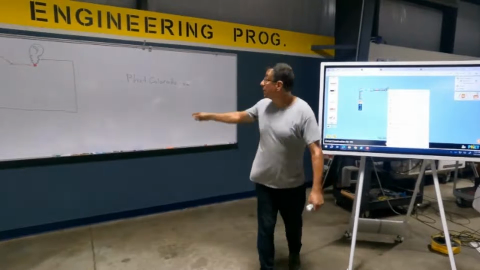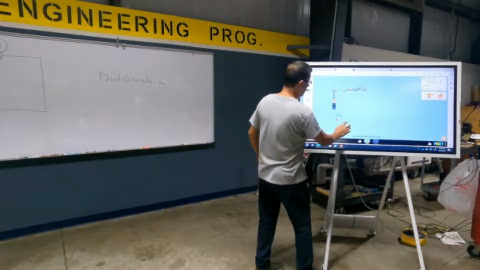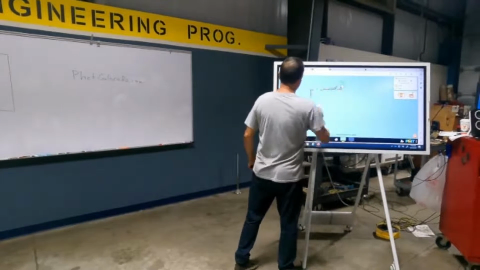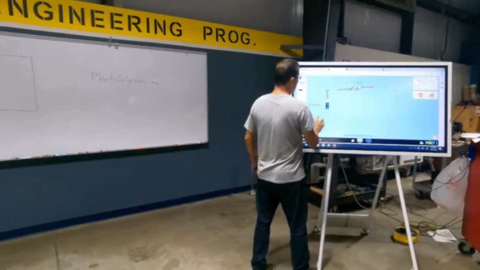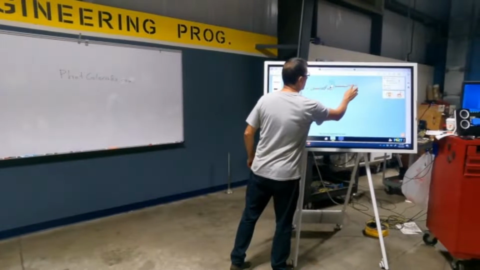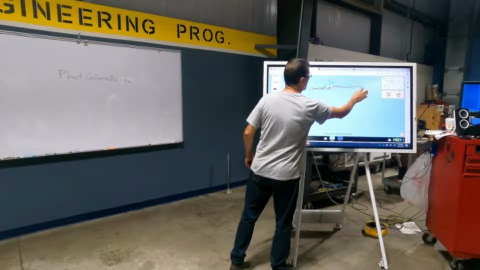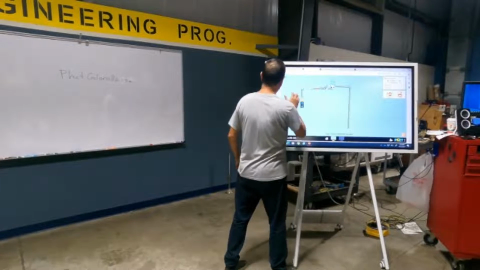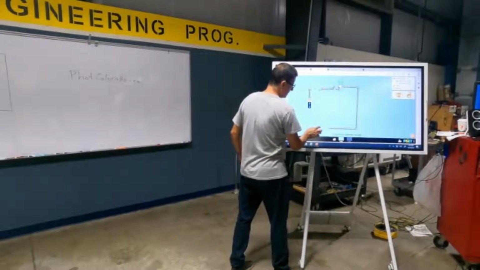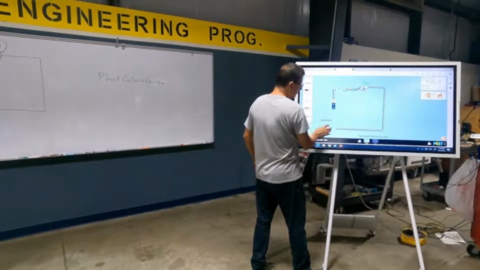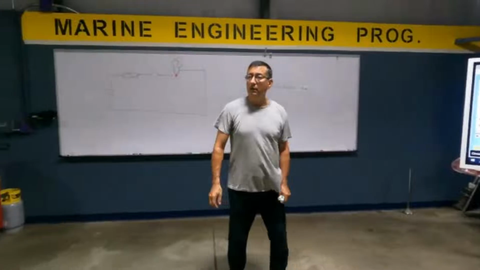After that, the light bulb. I have the light bulb here. After that, another wire. And bingo, I have my circuit.